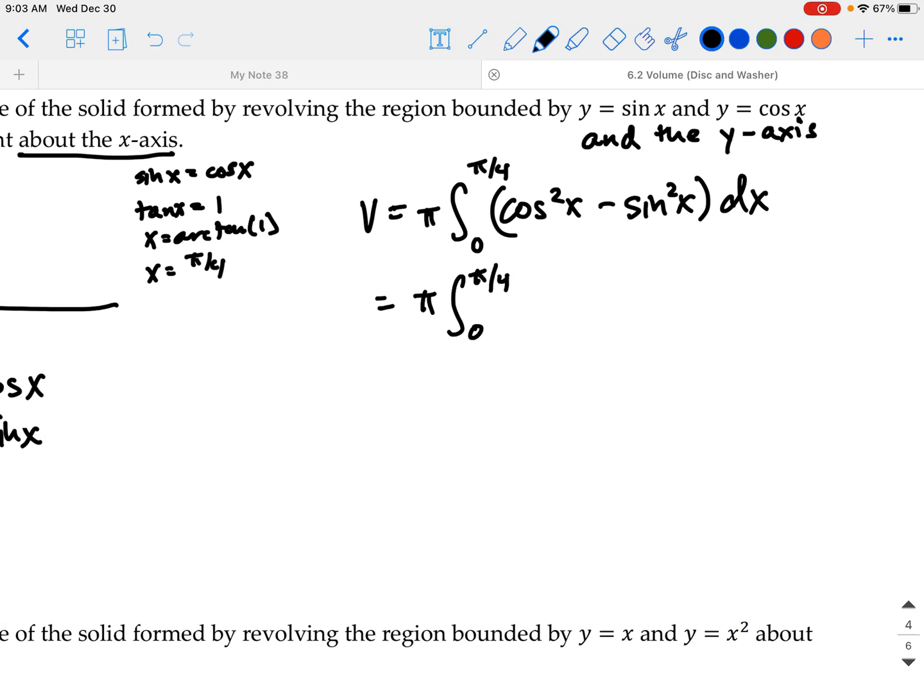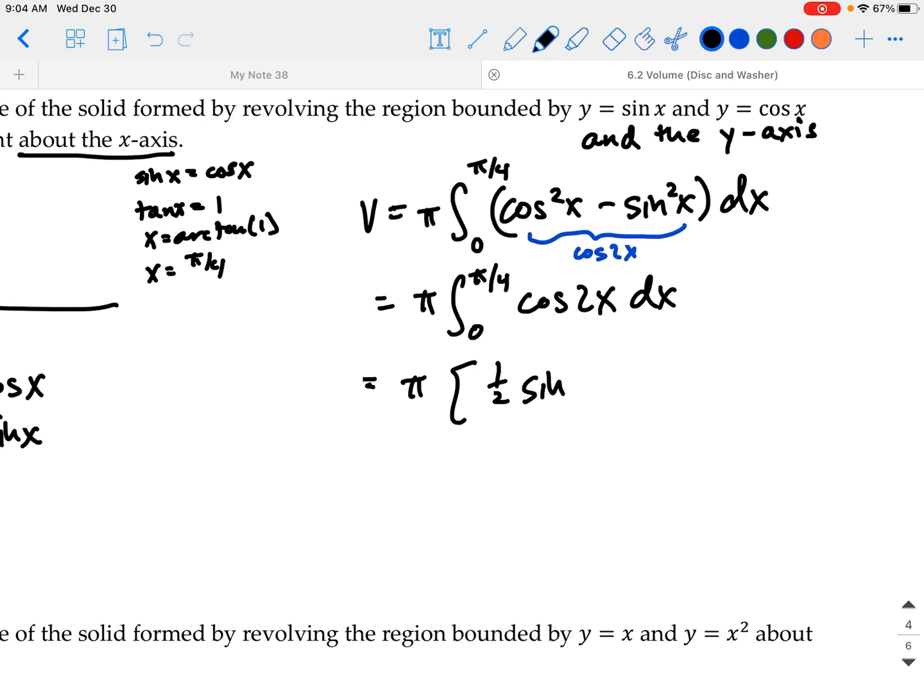If you try to integrate this as is, you can't, because you don't necessarily know how to integrate cosine squared or sine squared. There's a couple of different ways you can do it. We could use half angle identities, but it's really useful to note that this is just equal to cosine 2x, the double angle of cosine. So we can just write this as cosine 2x dx, and then we can evaluate directly.